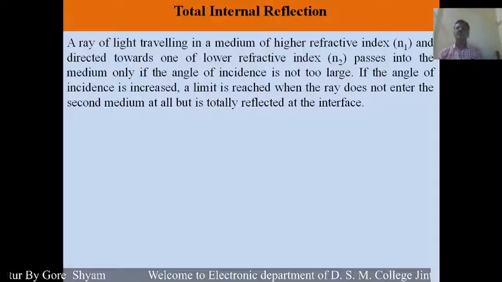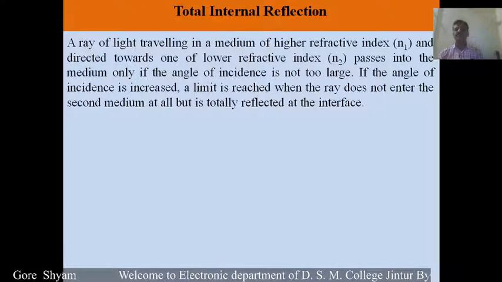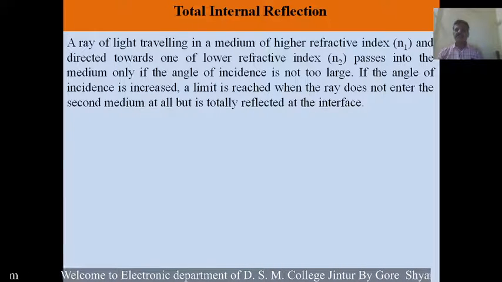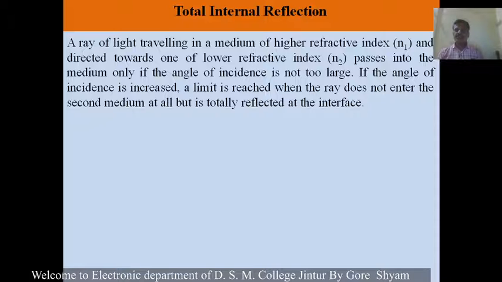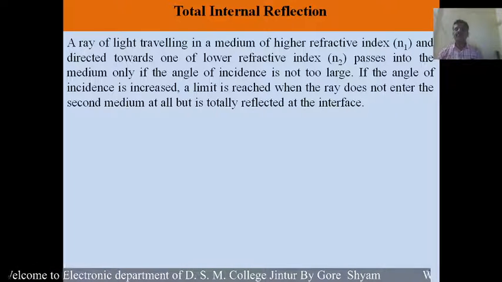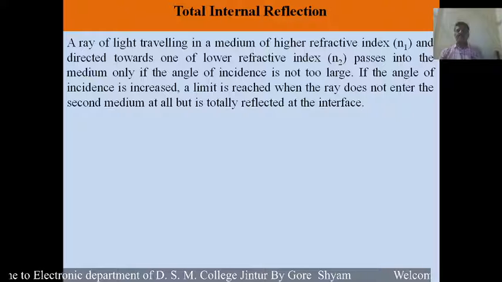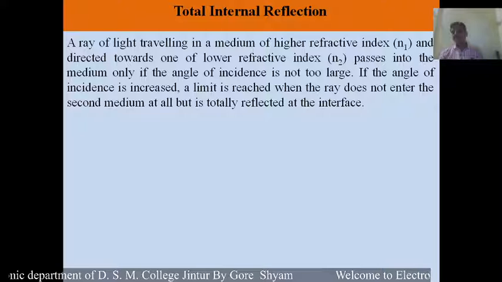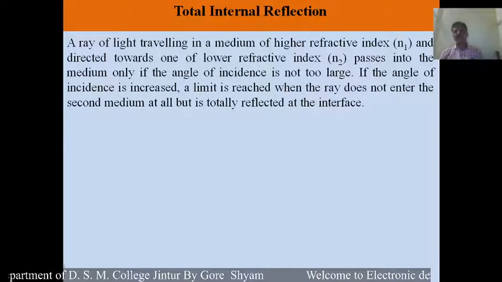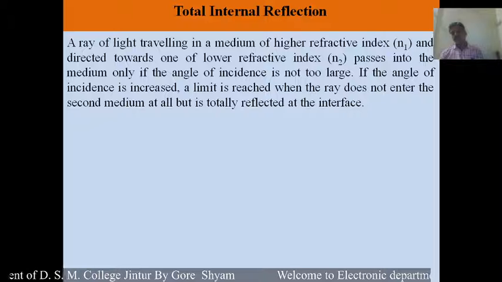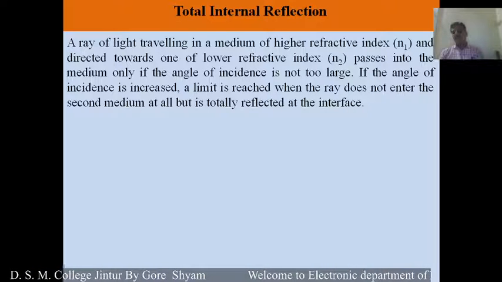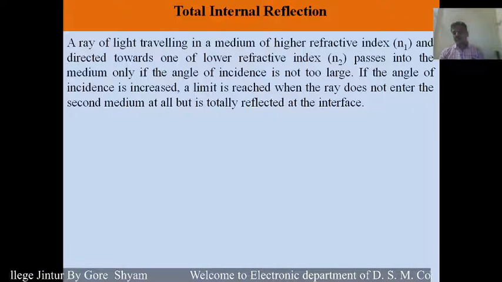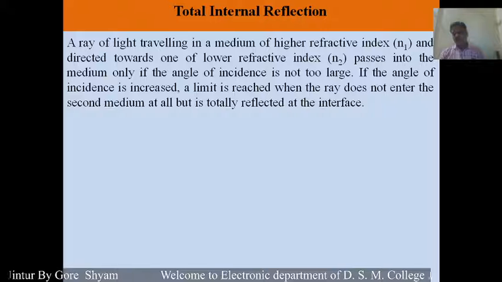Suppose we are taking two media, one is the denser medium and another is the rare medium. When the light is traveling from the denser medium to the rare medium, if the angle of incidence is very large and that angle of incidence is increased, the limit is reached when the light does not enter the second medium at all.